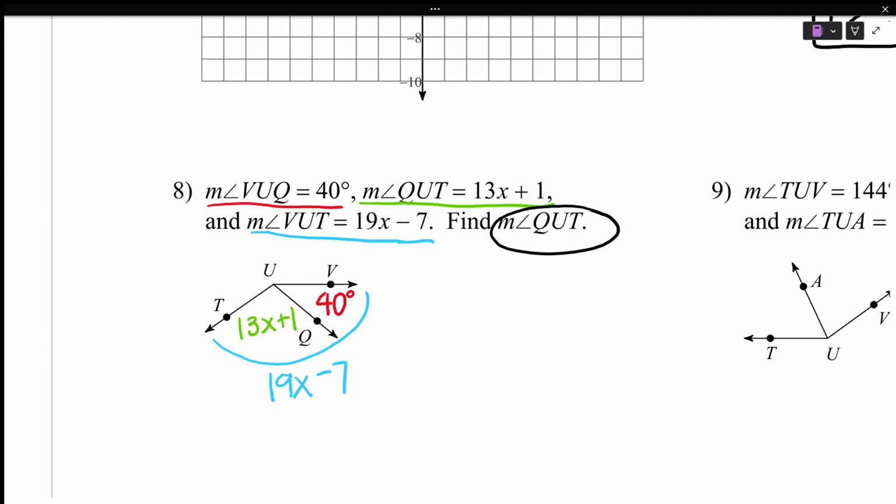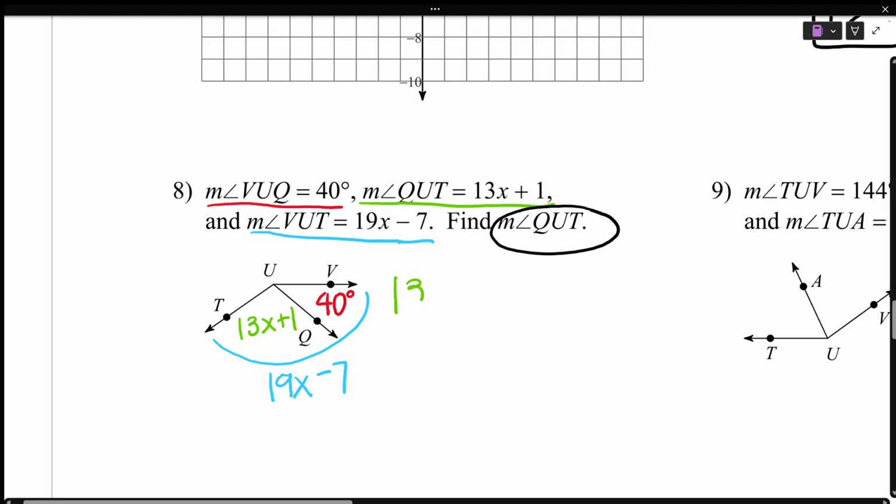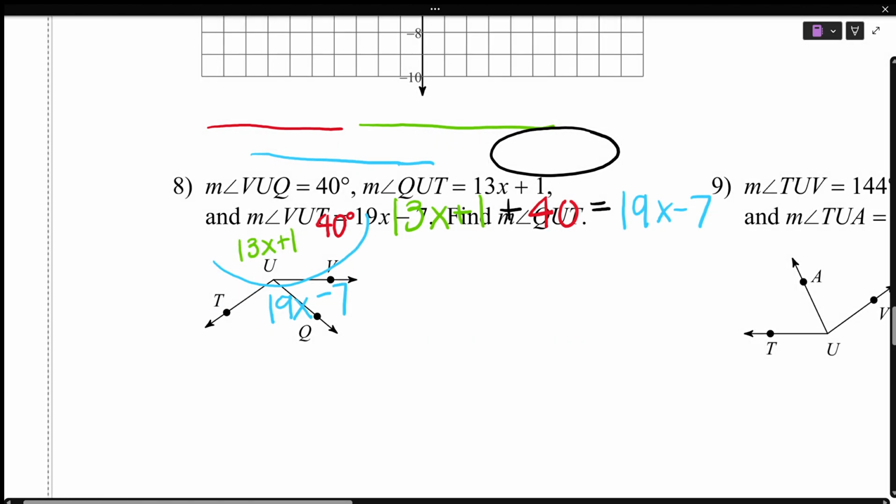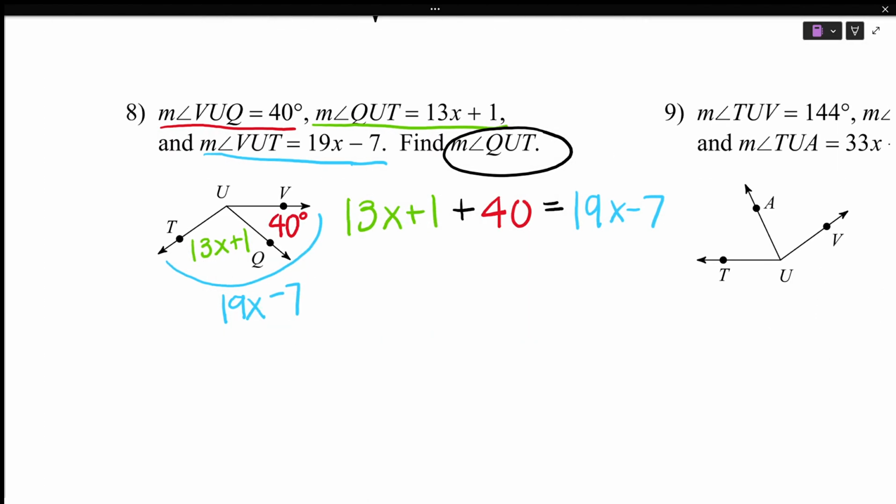Right? So I'm going to take 13x plus 1 plus, combine it with the 40, and then it equals 19x minus 7. Okay. So now let's combine like terms.